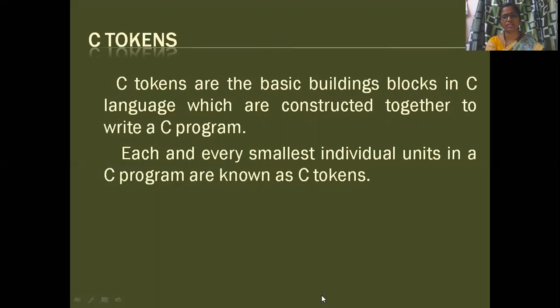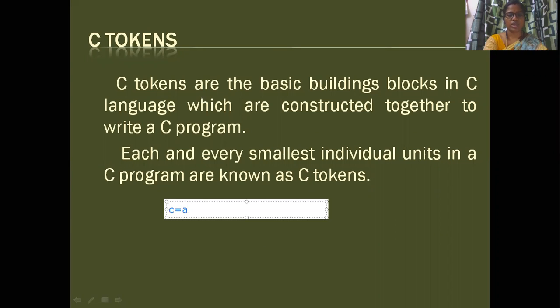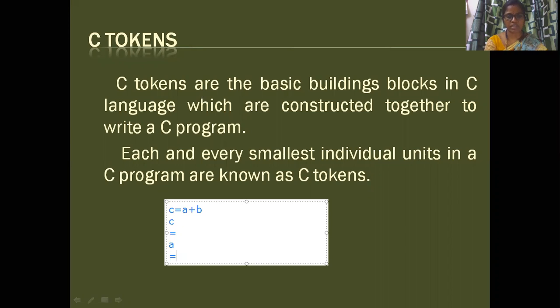Suppose I write an example here: C equals A plus B. So I can divide it into C, equal to, A, plus, and B. C is an operand, equal to is an assignment operator, A is again an operand, I can call it a variable, whereas plus is an operator, addition operator, arithmetic operator otherwise, and B is again a variable.